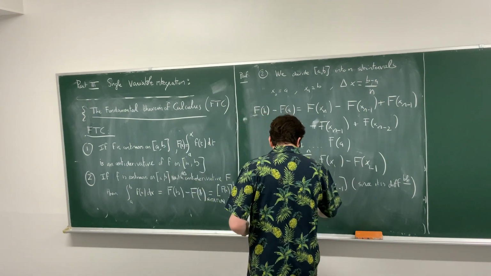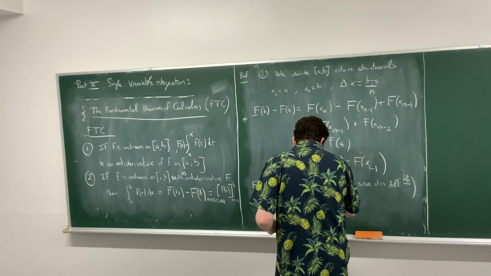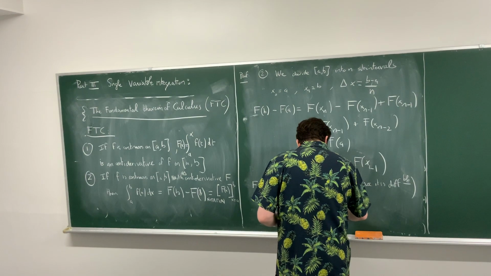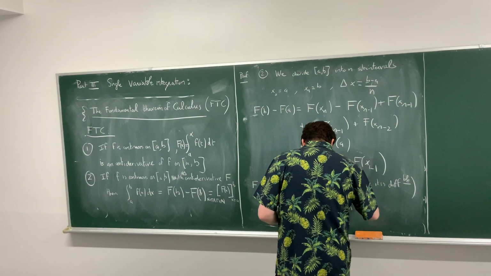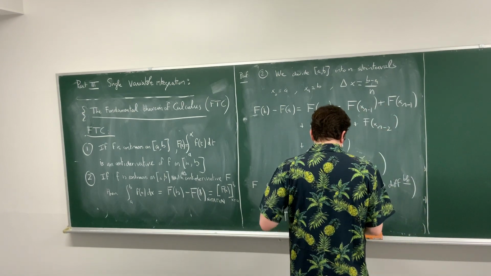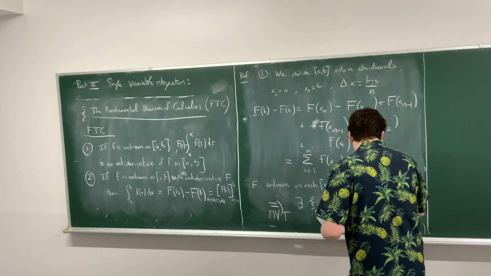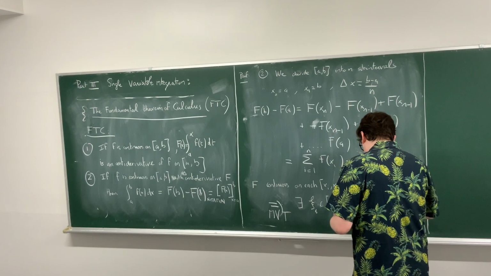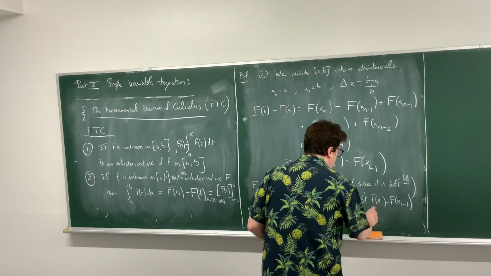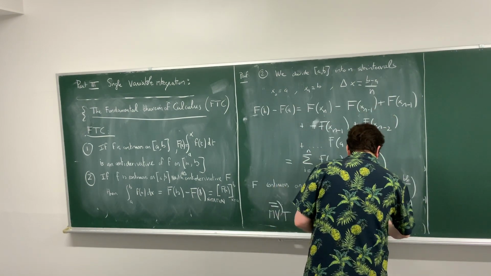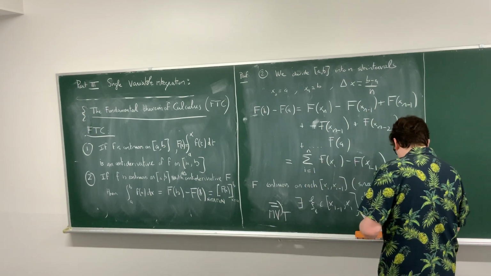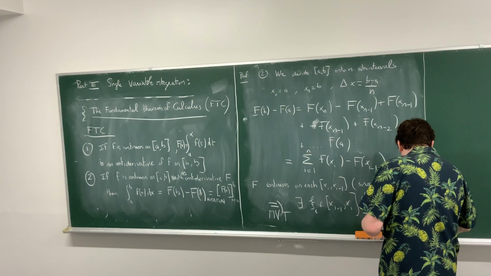So the MVT, what did it say? It will say that there exists some ci, and this ci will be in the open interval, such that basically you will get F of xi minus F of xi minus 1 equal to F prime of ci times xi minus xi minus 1.